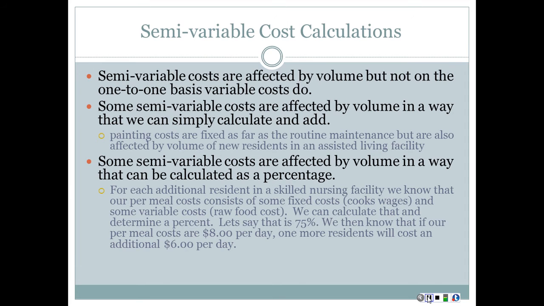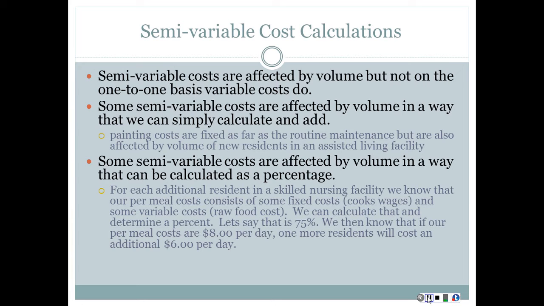Other semi-variable costs are affected by volume in a way that can be calculated as a percentage. For each additional resident in a skilled nursing facility, we knew that our meal costs consisted of some fixed costs like cook wages and equipment, and some variable costs like raw food.